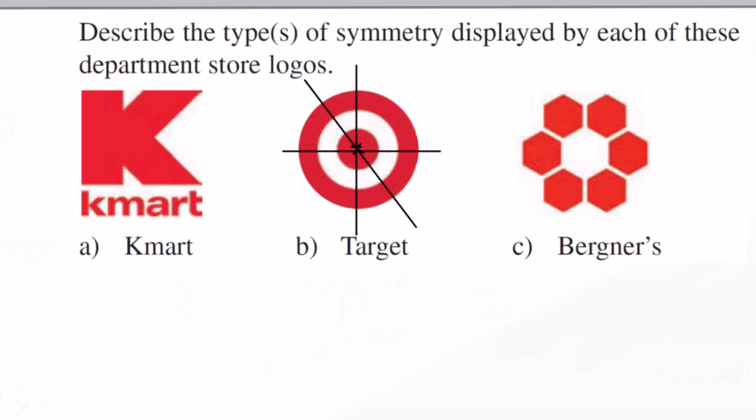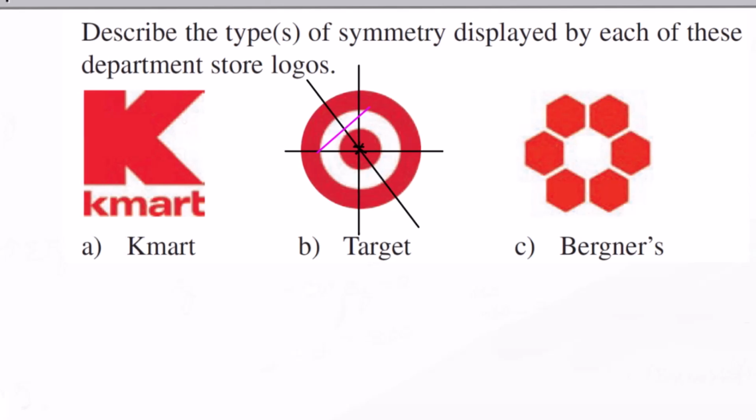So would there be symmetry about... Yeah. So this has an infinite number of lines of symmetry and also has a point of symmetry as well. Cool.